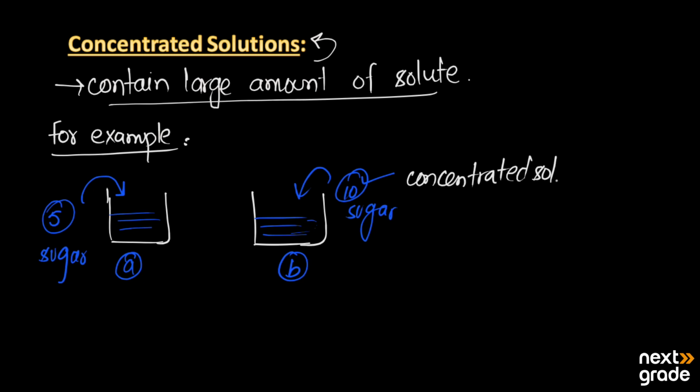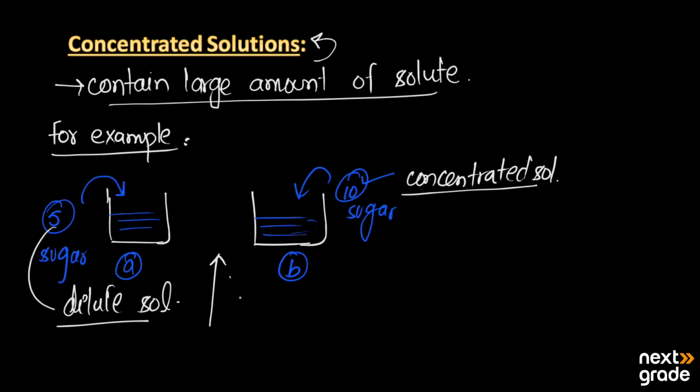On the other hand, beaker A has a lesser quantity of solute particles, so it is known as the dilute solution. So this is the main difference between dilute and concentrated solution. If the solute is high, then the solution will be concentrated, and if the solute is less, then the solution will be dilute.